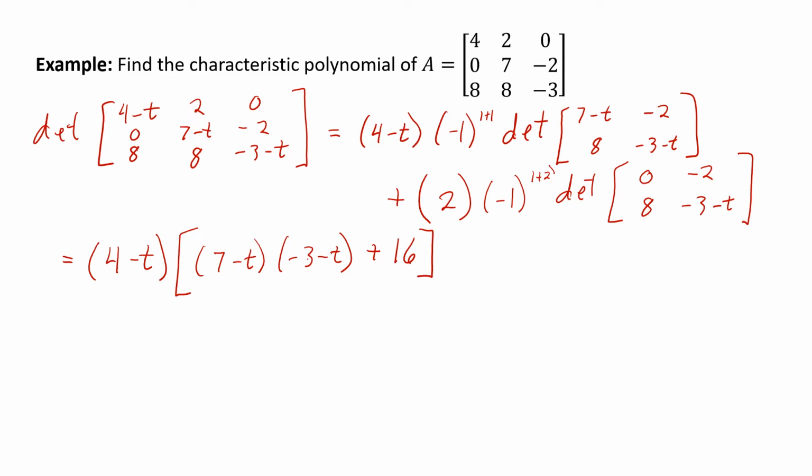And then this becomes minus 2, because it's 2 times negative 1 raised to the 3 times the determinant of what we have there, and you see that is 0 plus 16. So let's simplify. 4 minus t times, combining everything in here, we have negative 21.